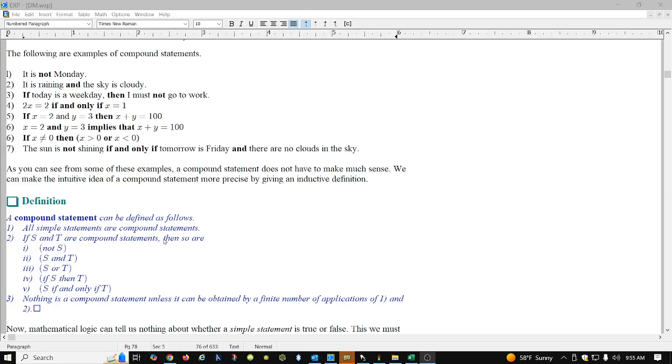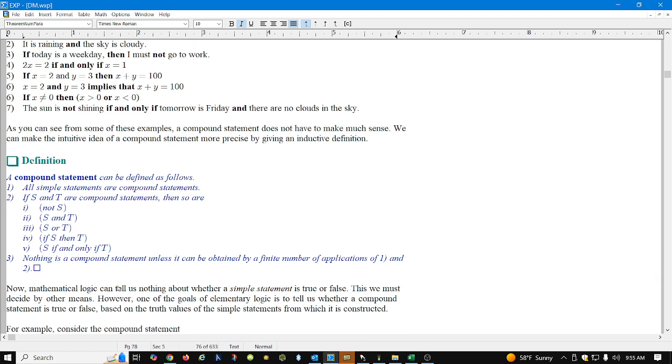If S and T are compound statements, so are not S in parentheses, S and T, S or T, if S then T. I could have written here S implies T. S if and only if T. Everything is surrounded by parentheses to avoid ambiguity. And then there's the usual limiting clause.